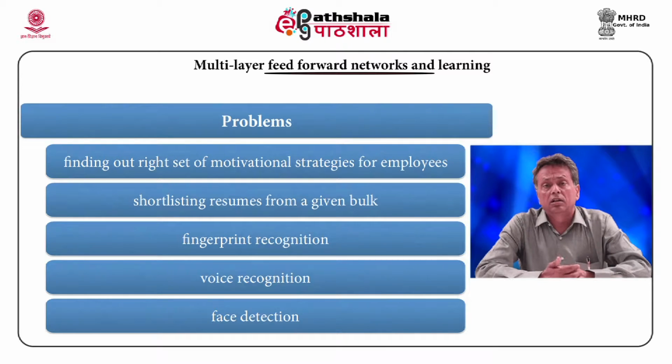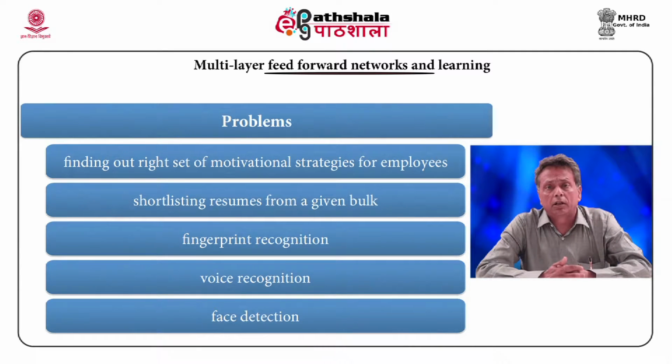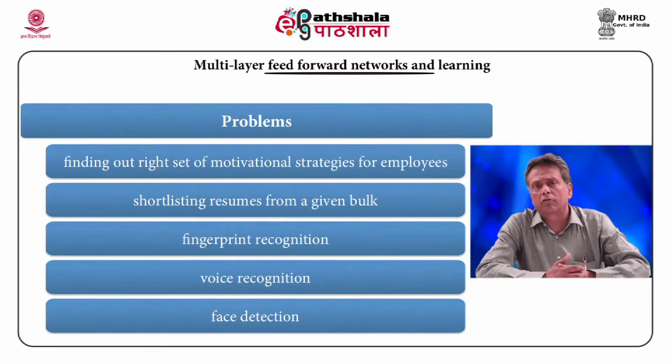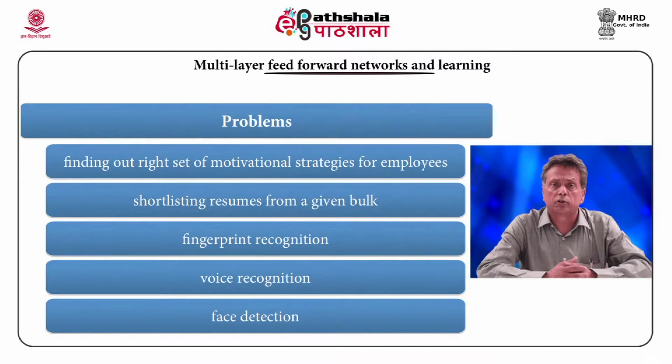The other one, which one of my students did in his project, is he was working for a place where a lot of resumes flow in daily. It's a huge company, and a lot of resumes used to come, and they had to have a huge bunch of experts to look at those resumes and shortlist them for further processing, and that was very time consuming. So he wrote a neural network based program.